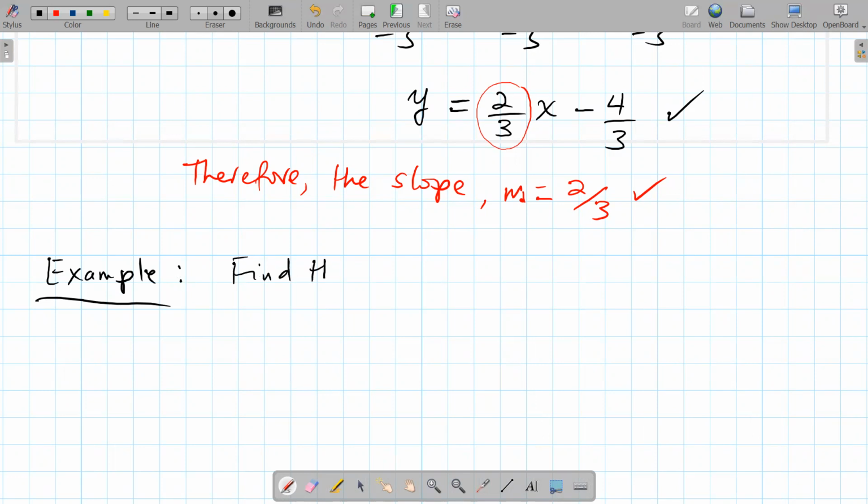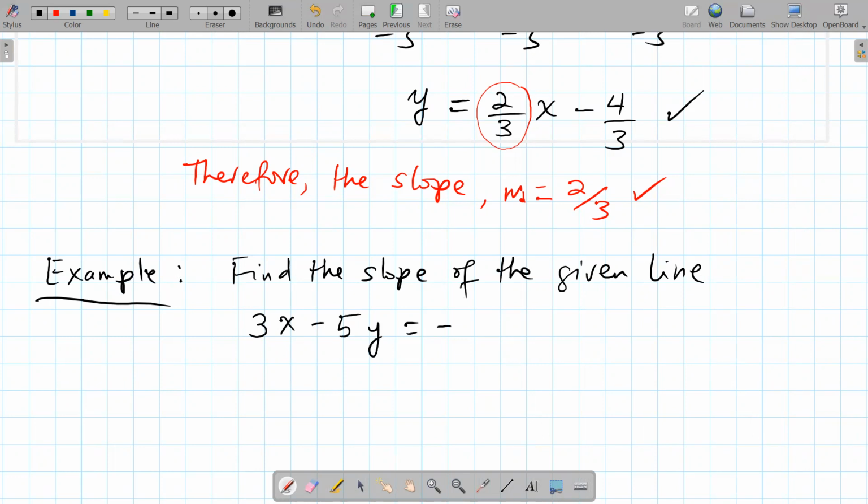Find the slope of the given line: 3x minus 5y equal -1.